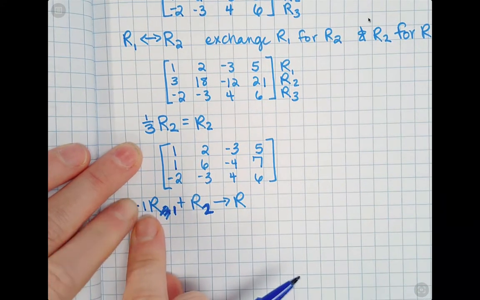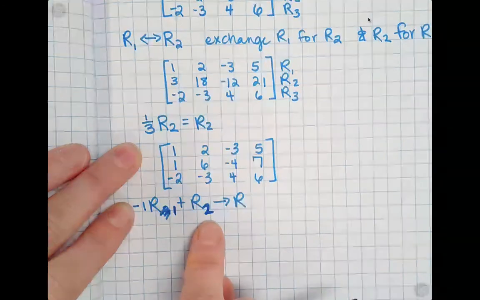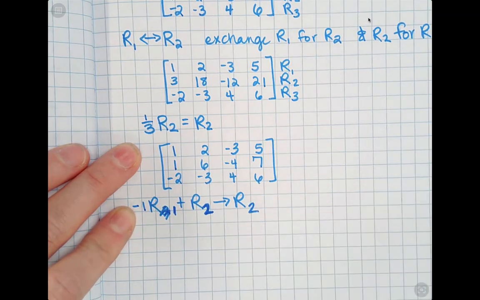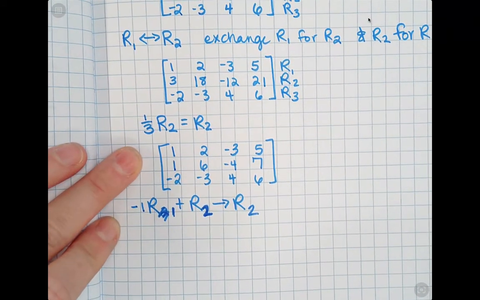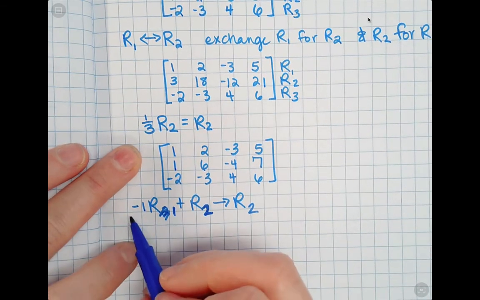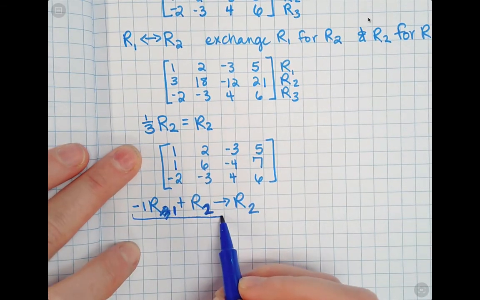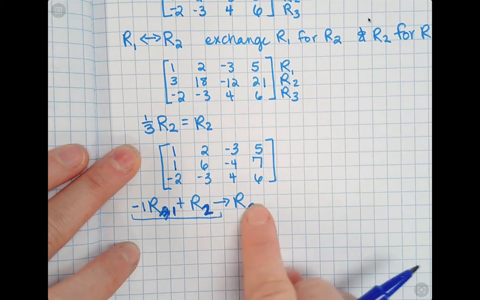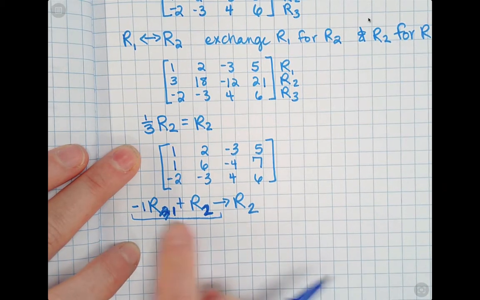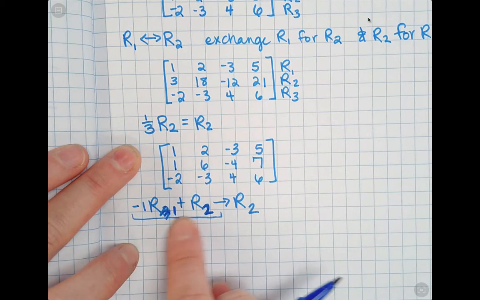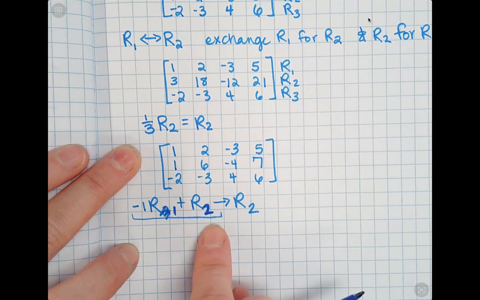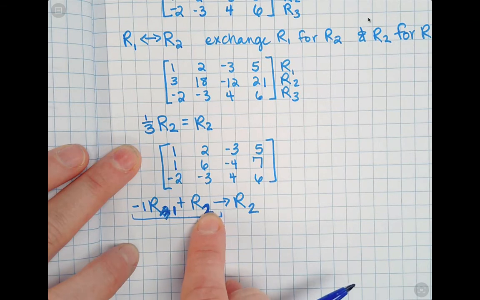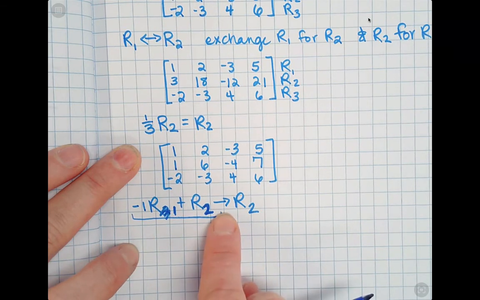A negative 1 times our row 1 plus row 2 to get our new row 2. The way that it'll be written is like this, and that's going to get your new R2. It won't say arrow R2. It'll just say negative 1 times R1 plus R2. But that means you're replacing that row with the operation that happened to it.